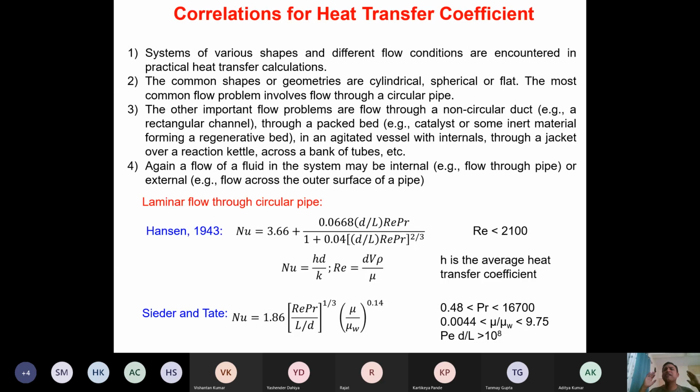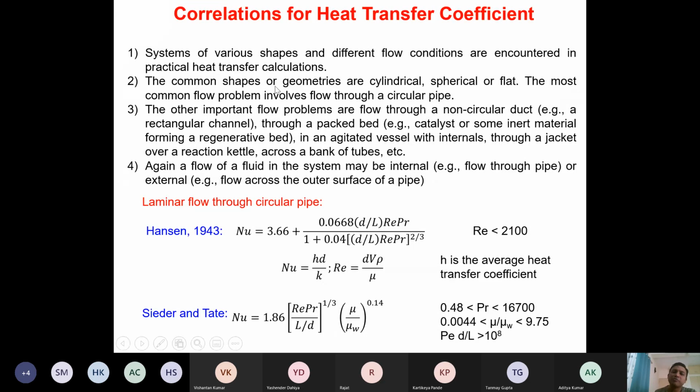There are different flow conditions: it could be laminar flow, turbulent flow, or a Stokes flow with a very low Reynolds number, isn't it? So there is variability in this, and different correlations based on geometry and flow conditions have been made.